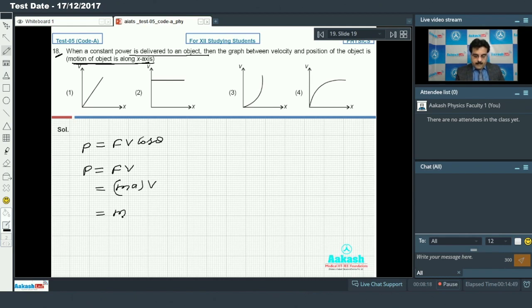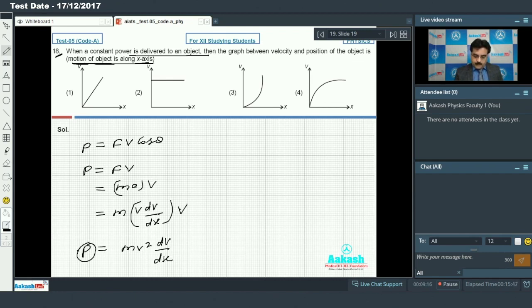And we can replace acceleration in terms of v dv over dx, because when velocity is a function of position, then acceleration you can write as v dv over dx. So we will write m v square dv over dx, that is equal to the power.